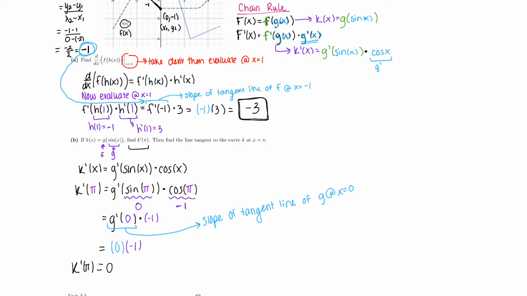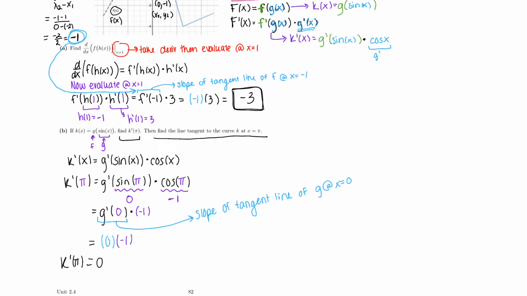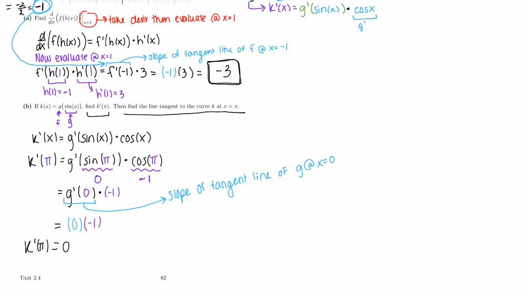Then it says to find the line tangent to the curve k at x equals pi. So remembering what we need to find the equation of a line, you need a point, so you need an x1, which in this case they told us was pi.